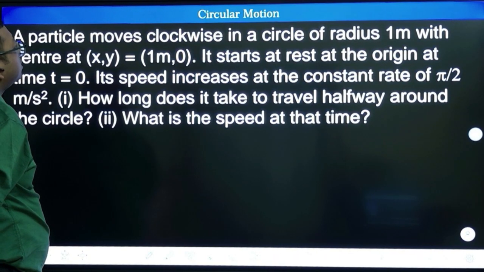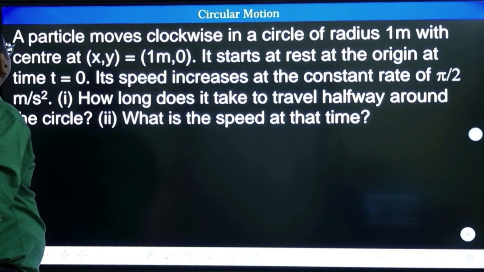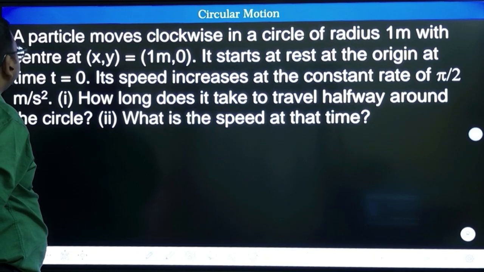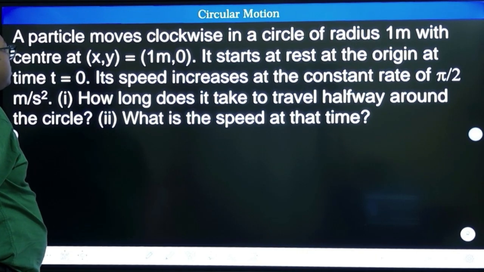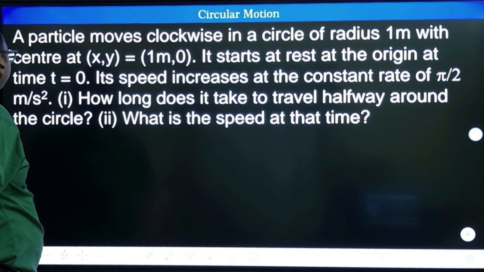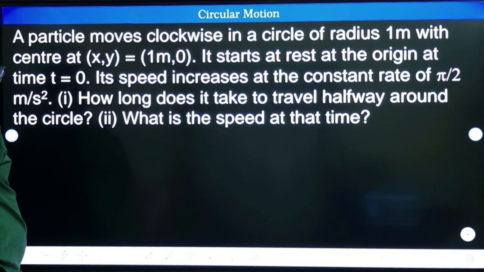It starts at rest at the origin at time 0. Its speed increases at a constant rate. How long does it take to travel halfway around the circle? What is the speed at that time?